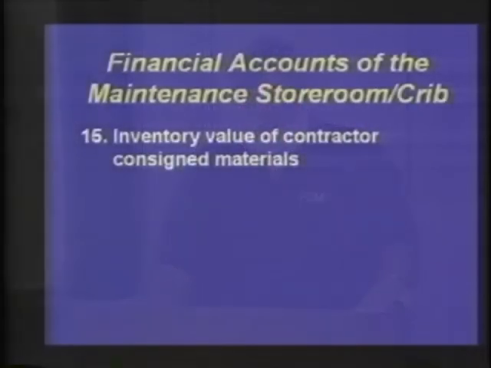And as I've said previously in this seminar, you want to make certain that the financial department has an insurance policy that will cover the potential loss or any other application that could reduce the inventory value of vendor consigned material. Item 15 is identical to 14, and this pertains to contract material that is consigned in.